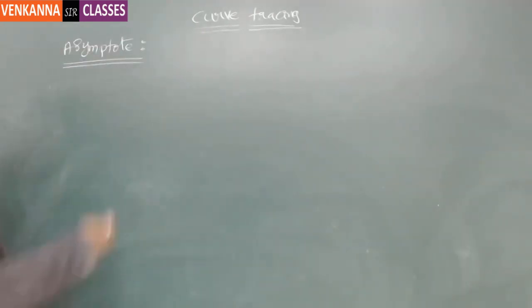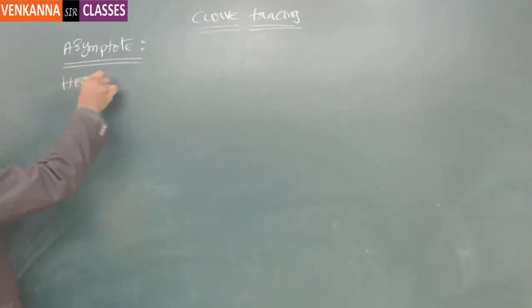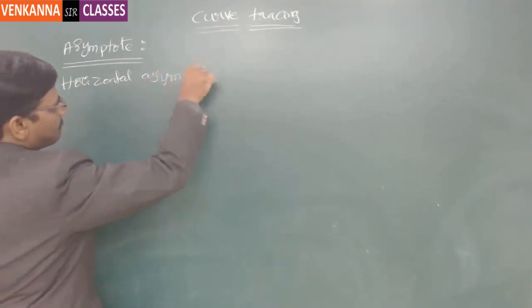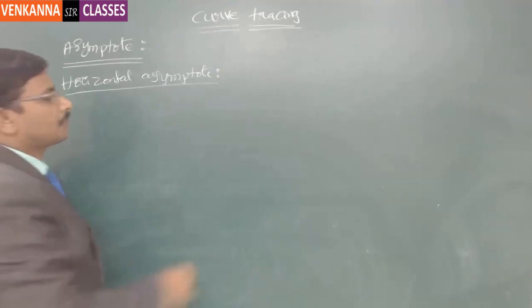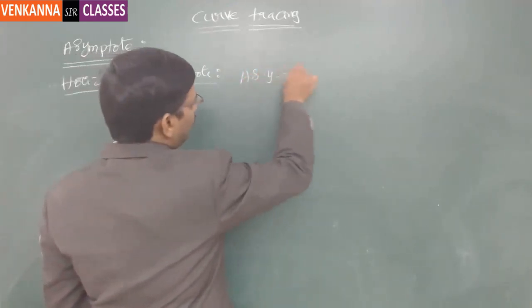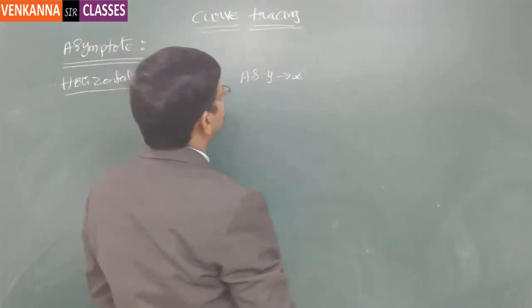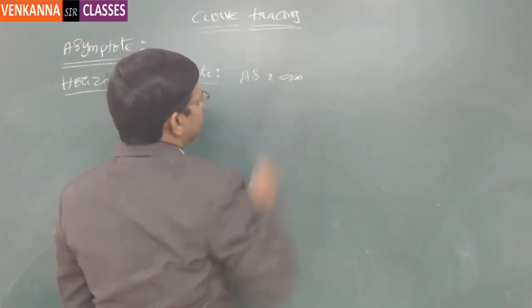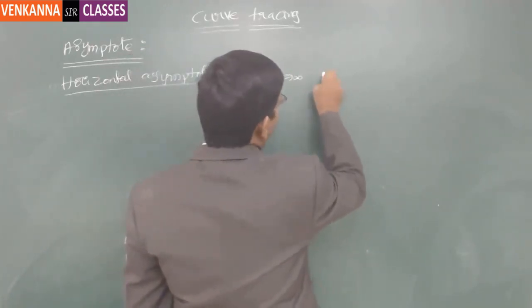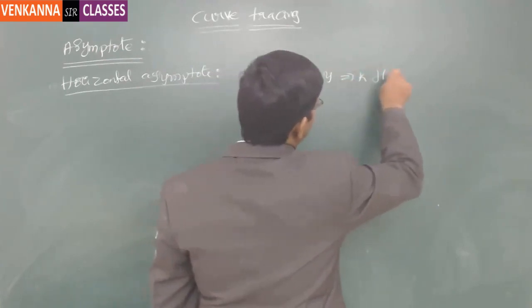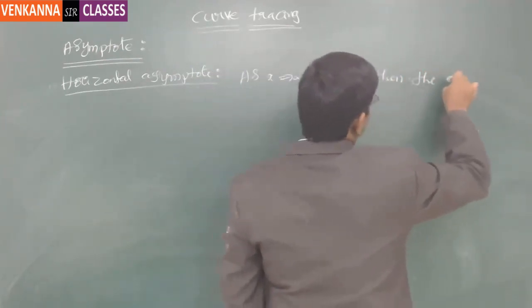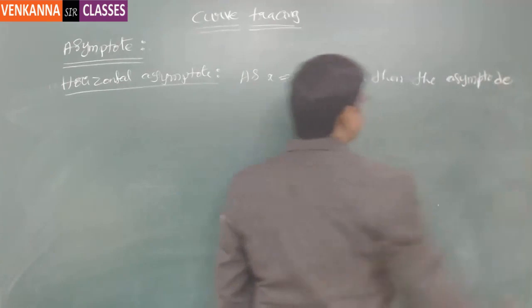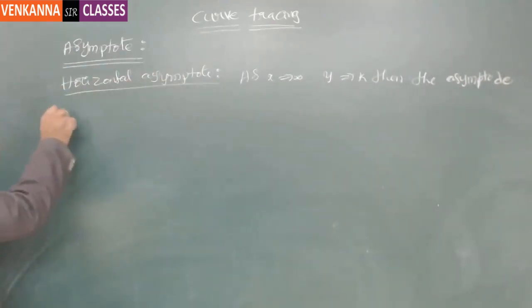So the first case is the horizontal asymptote. By horizontal asymptote we mean: as x tends to infinity, y tends to k, then the asymptote is called a horizontal asymptote.